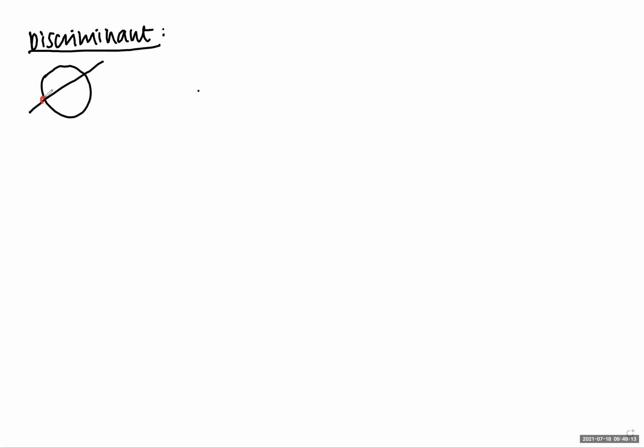So this one cuts at how many points? So the line cuts a circle at 2 points. So it cuts a circle at 2 points means what's your discriminant? b squared minus 4ac will be greater than 0.